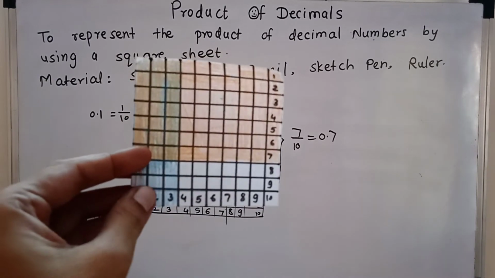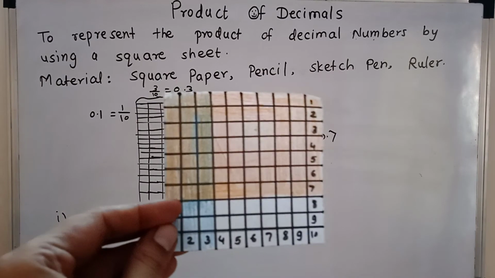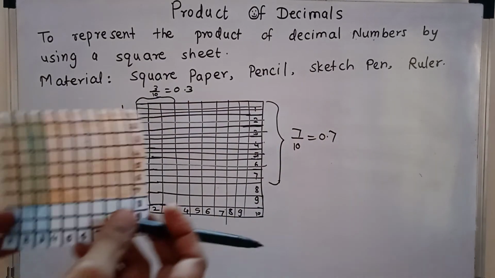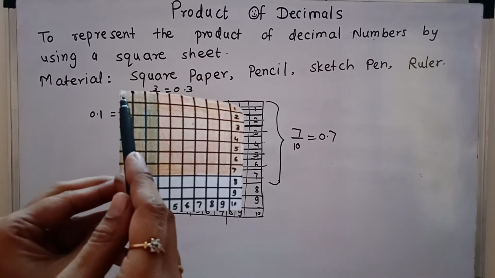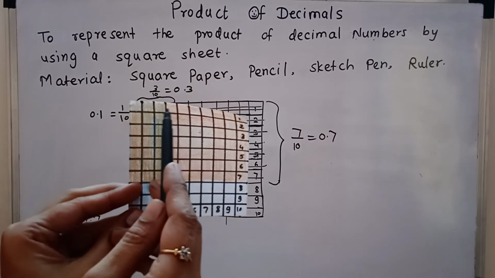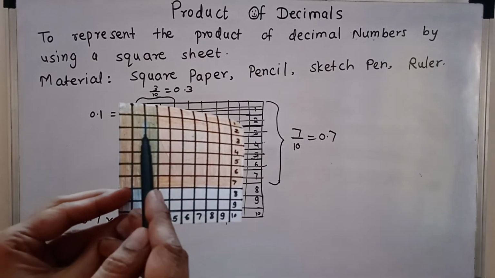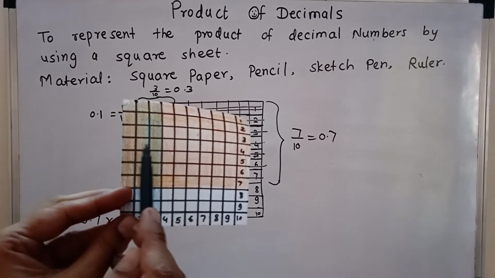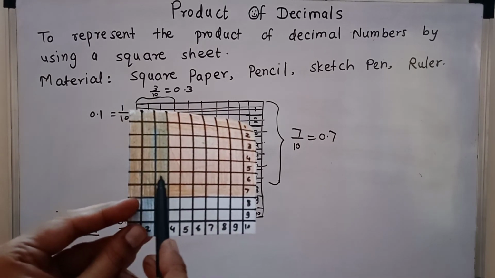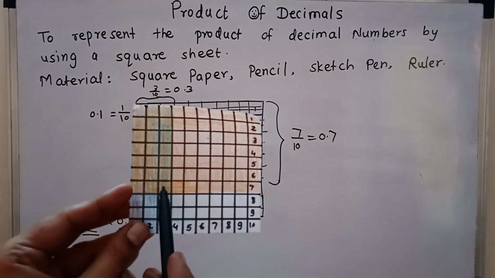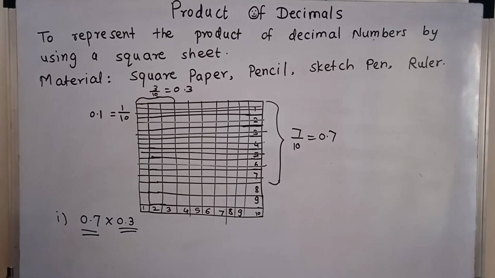Now we have already colored 0.7, this is our first number. Now we need to multiply with 0.3. So you should color the first 3 parts vertically. If I color the 3 parts vertically, you can see the common shaded area.